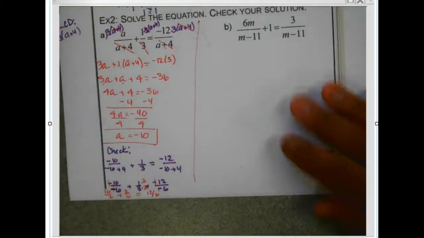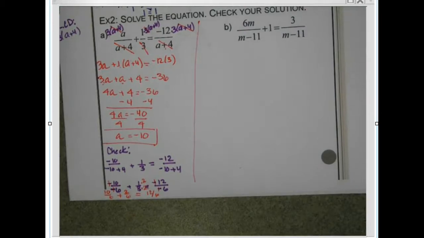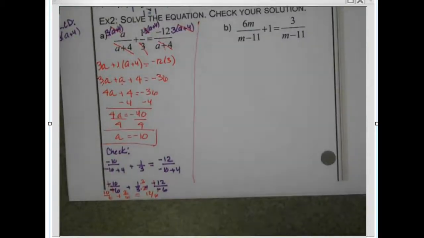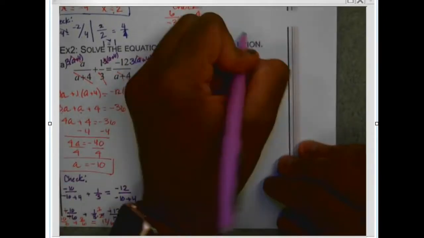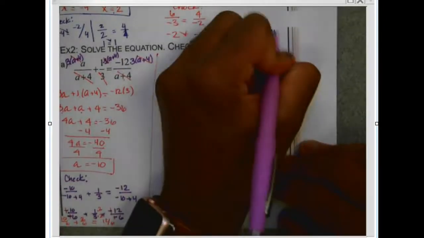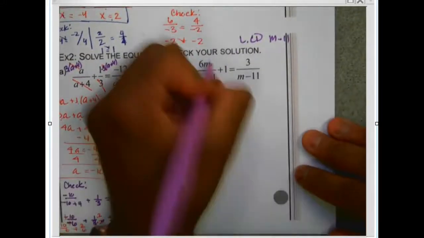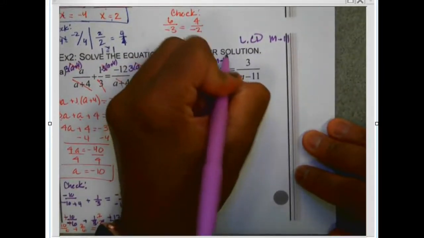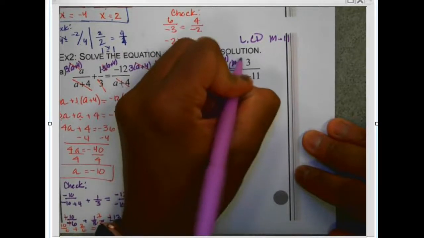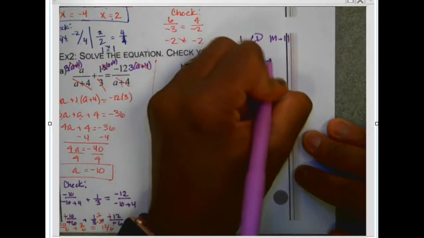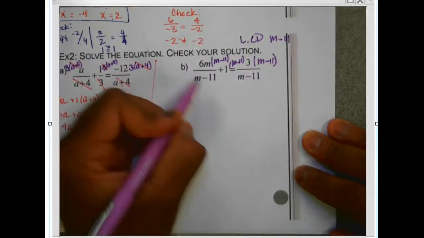Cool. Okay, what is your LCD for part B? Well, there's only one thing in the denominator, and it's m minus 11. So my LCD for this one is just m minus 11. So what am I going to do with that m minus 11? I'm going to multiply m minus 11 times m minus 11 times m minus 11. Beautiful things happen.